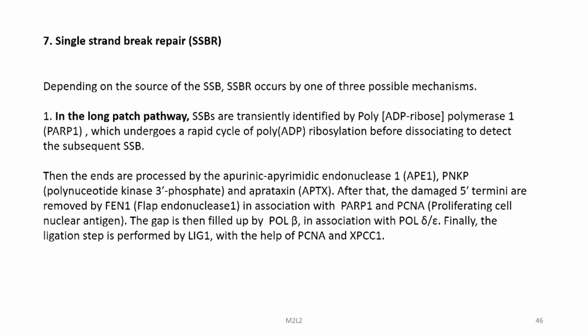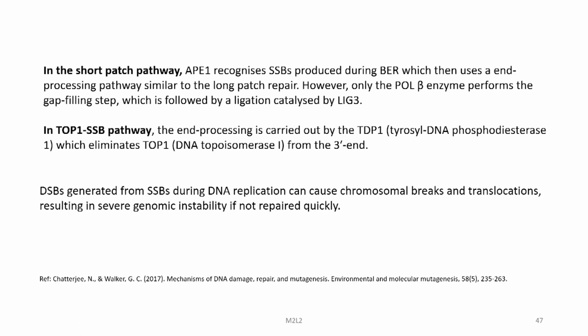After that, the damaged 5' termini are removed by FAN1 in association with PARP1 and PCNA. The gap is then filled up by polymerase beta in association with delta and epsilon. Finally, the ligation is performed by Lig1 with the help of PCNA and XRCC1.